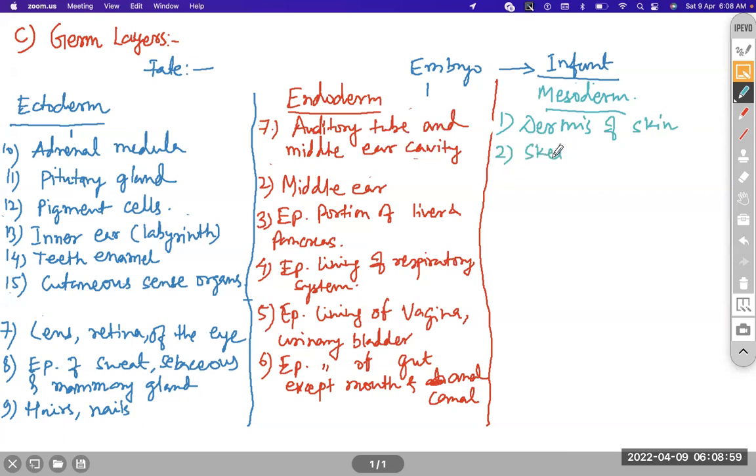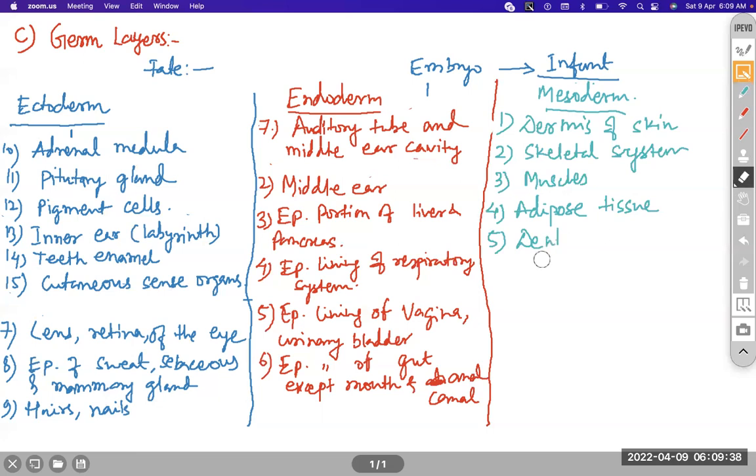Skeletal system, bones, muscles, adipose tissue, dentine portion of teeth, इधर लिखो टीथ, dentine.